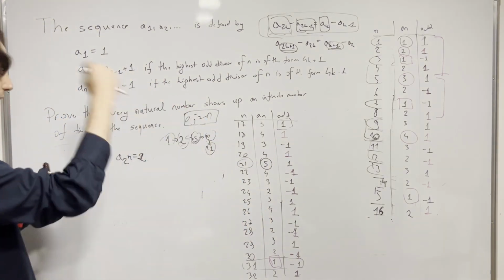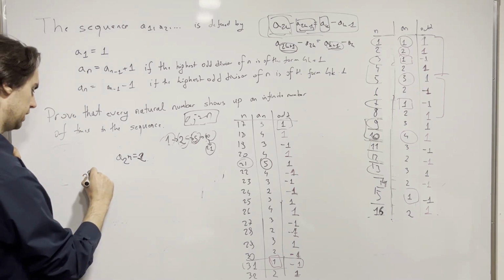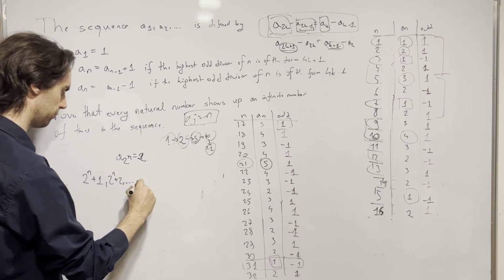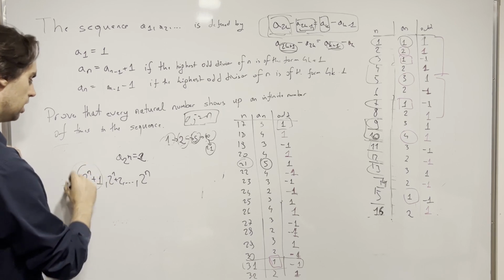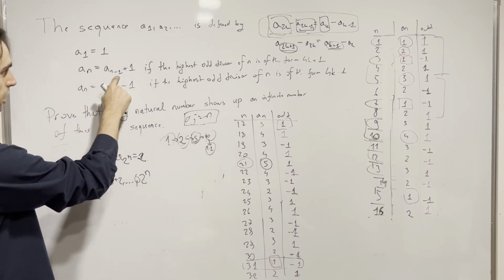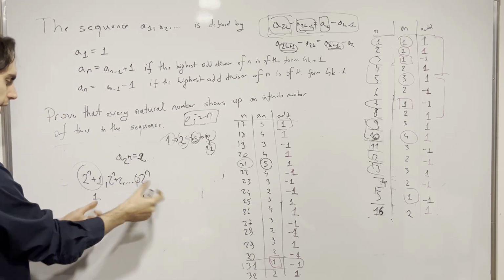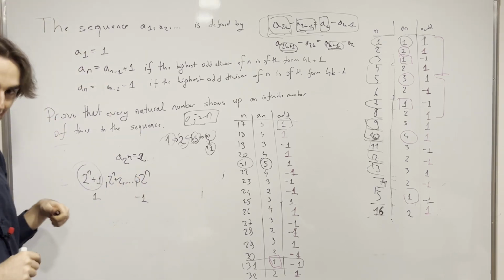And why do I feel that way? Well, I know that the numbers, if I look at 2 to the n plus 1, let's say 2 to the n plus 2 till 2 to the n, these odd numbers alternate between ones that are plus 1 modulo 4 and the ones which are minus 1 modulo 4. And I can pair them up and their sums cancel out, right? That's the big idea here with the odds.